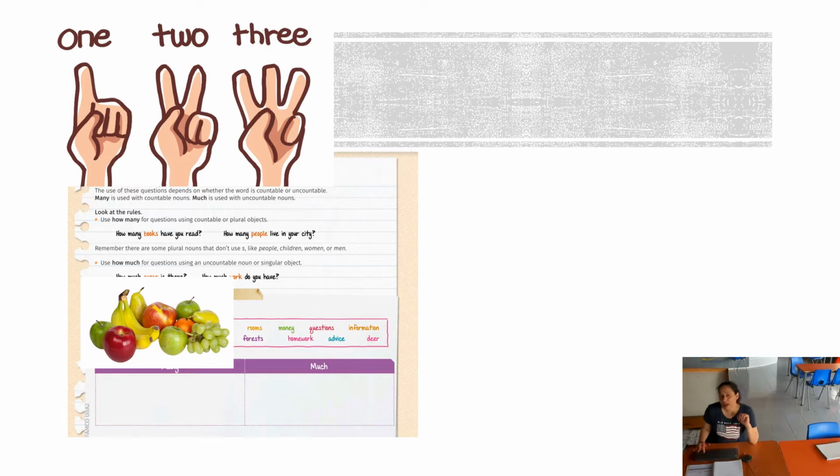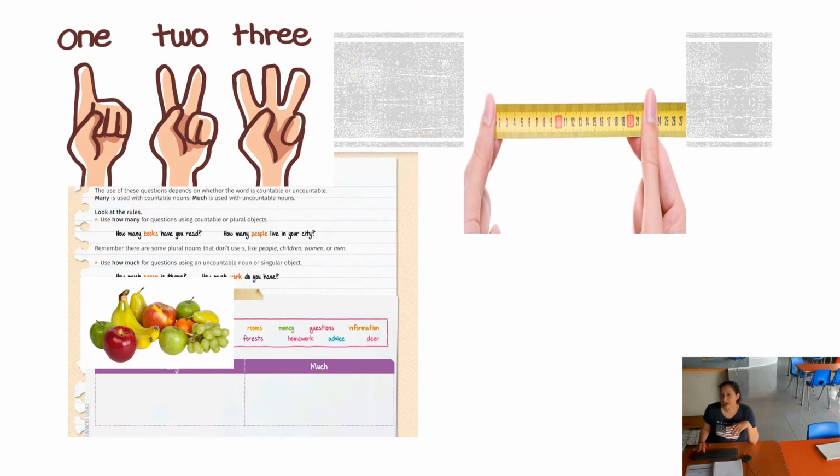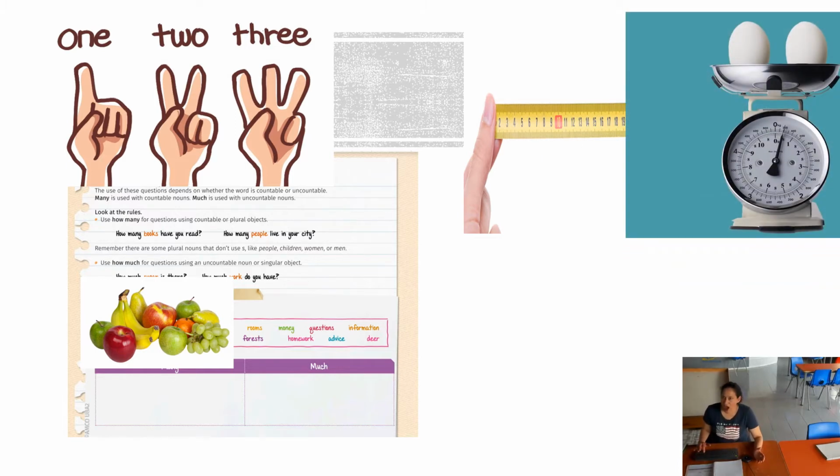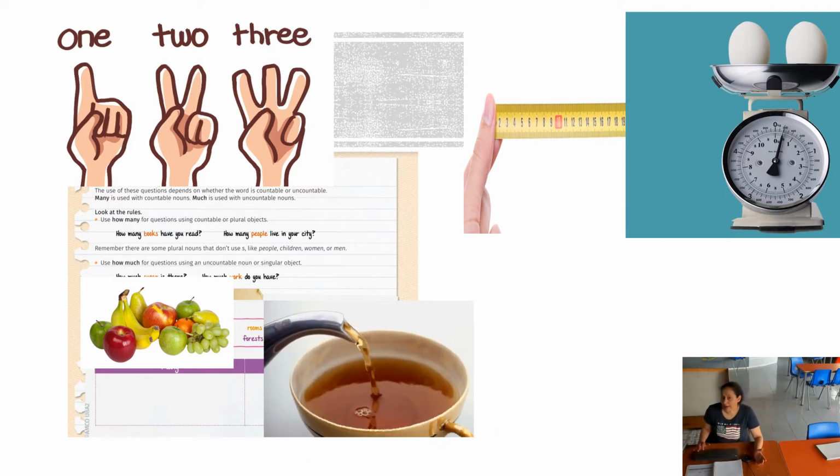But there are some other things that I cannot count, like 1, 2, 3, because it's kind of impossible. And instead of counting them, I have to measure them, not exactly in centimeters, but how much they weigh. For example, liquids.